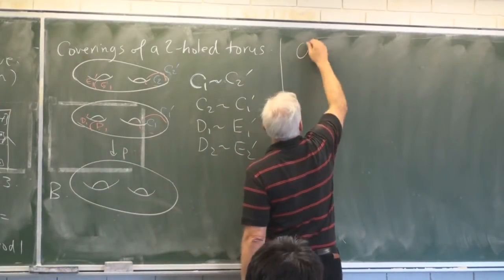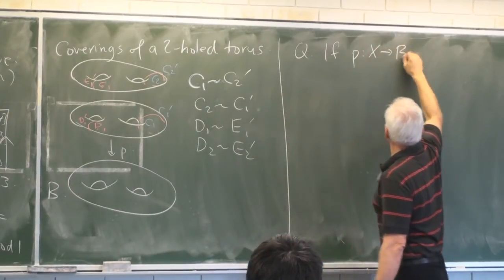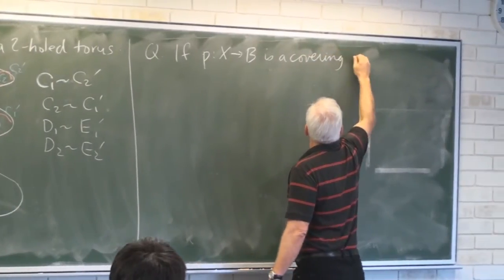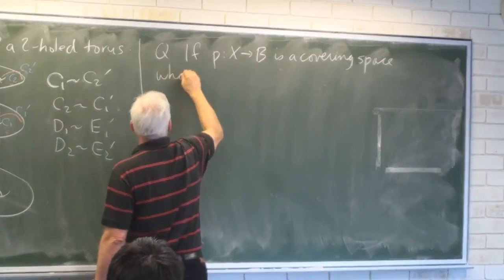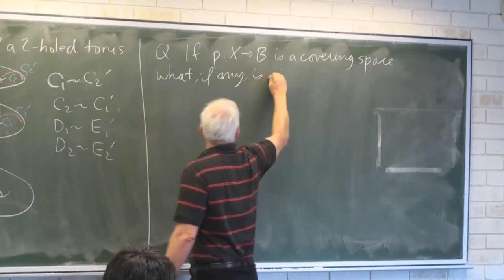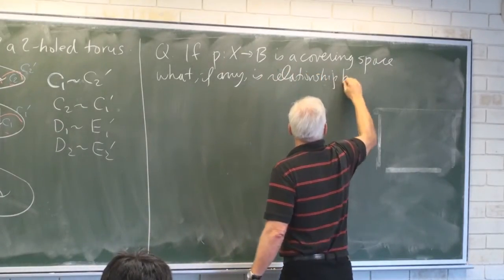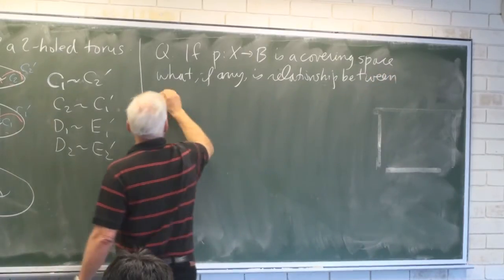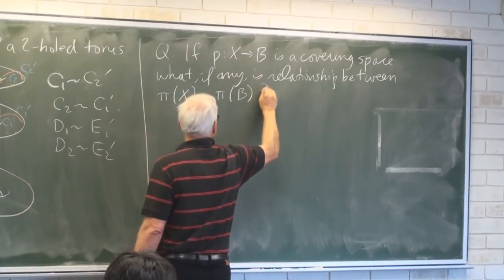So the kind of question that we're interested in is, if P from X to B is a covering space, what, if any, is the relationship between the fundamental groups pi of X and pi of B, say?